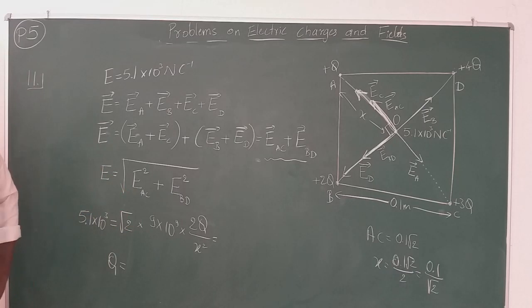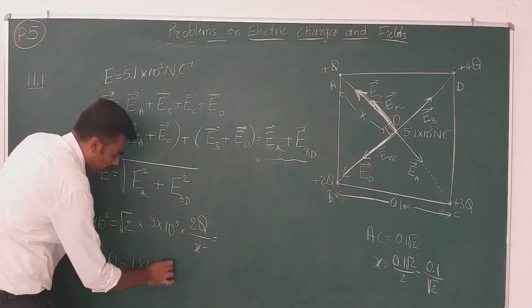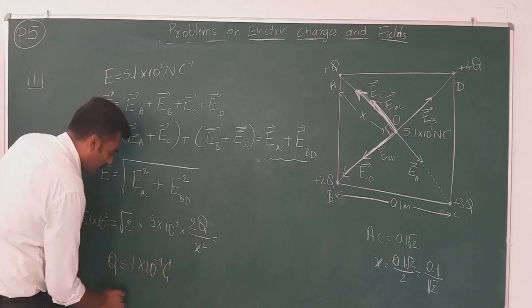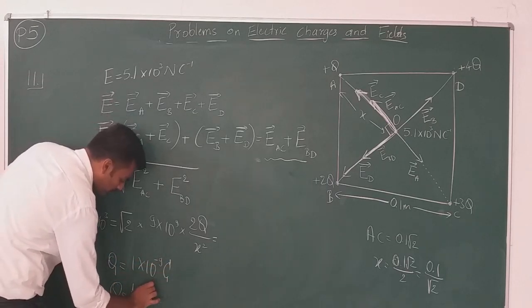I will directly write the value of charge. The charge value that we will get is 1 into 10 to the power of minus 9 coulomb, or Q is equal to 1 nano coulomb.